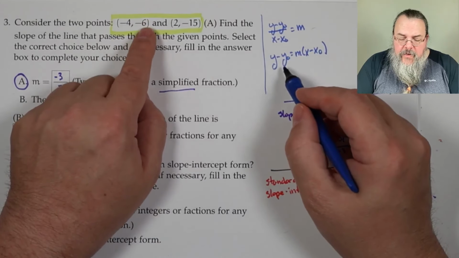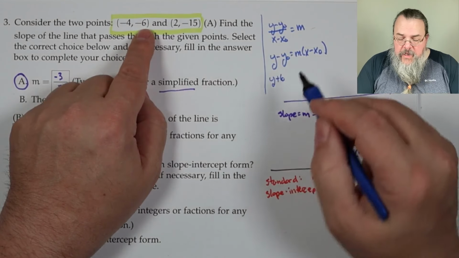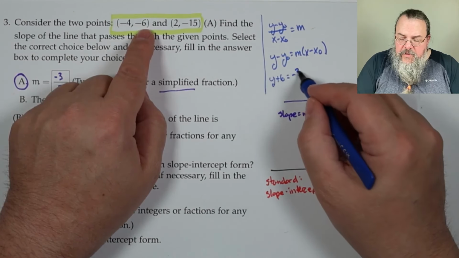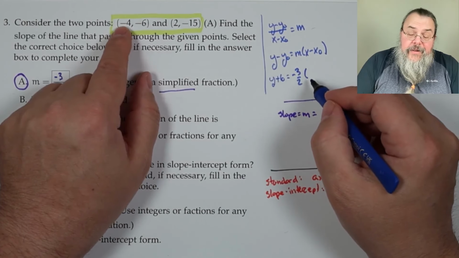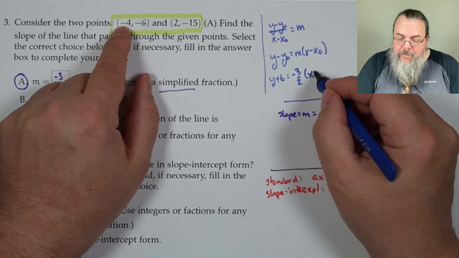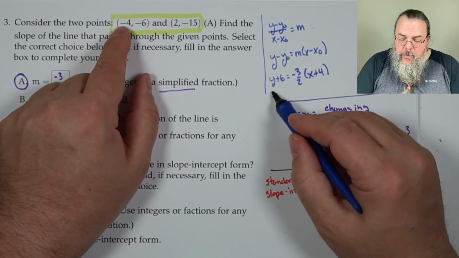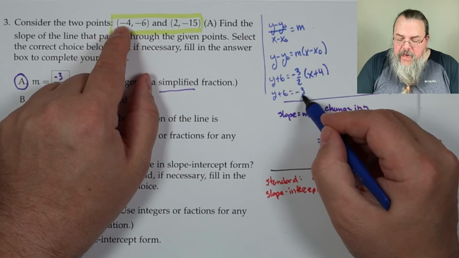Y minus the y value would give us y plus 6 is equal to m, which is minus 3 halves, x minus the x value. Well, x minus minus 4 is x plus 4. Well, that's y plus 6 is equal to minus 3 halves.